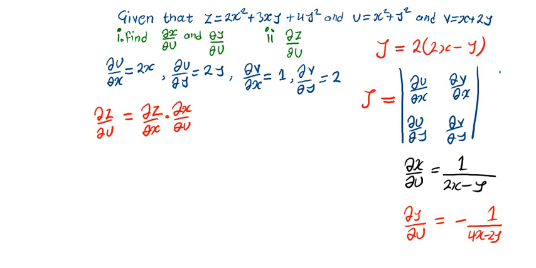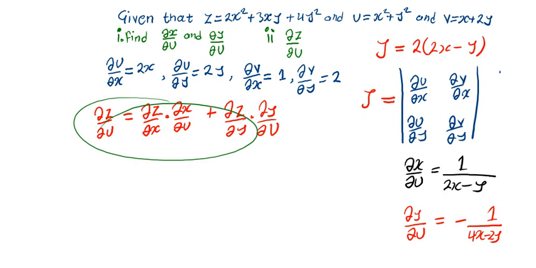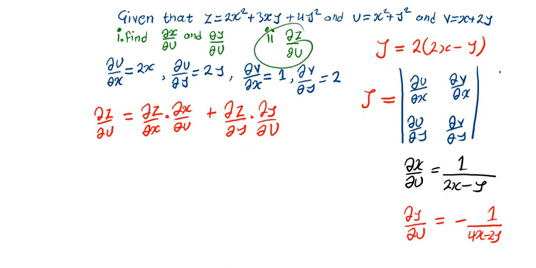Then plus partial of z with respect to y multiplied by partial of y with respect to u, which is what I already have here. So it was very important that we find the correct expression for that one. This is for the second part, remember.